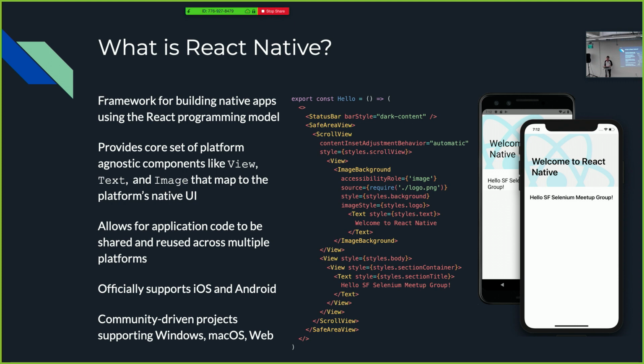There have also been some community-driven projects to bring it to Windows, to macOS, and to web. You might be wondering, well, web? If you're writing React, you're normally targeting web. But keep in mind, the code on the slide here is all using React Native components, and those at compile time are compiled to that platform's specific view code.